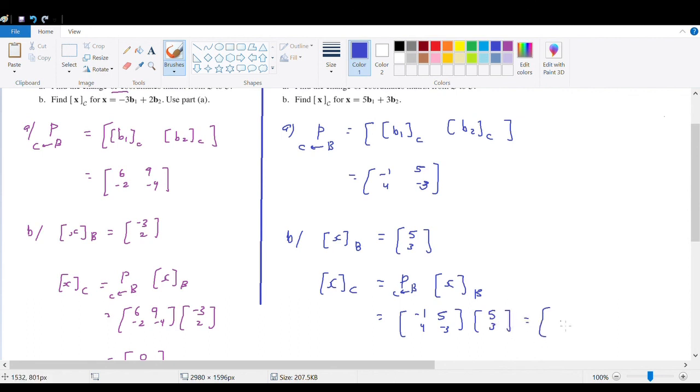So this will give us minus 1 multiplied by 5 plus 5 multiplied by 3, so this is 10, then 4 multiplied by 5 minus 3 multiplied by 3, which is 11. So this one is 10, this one is 11.